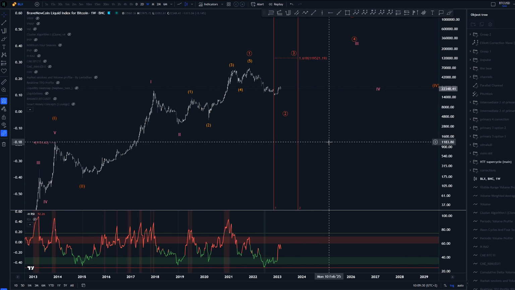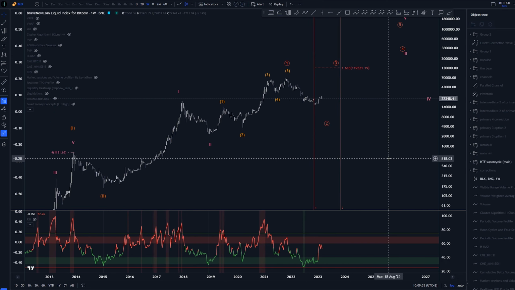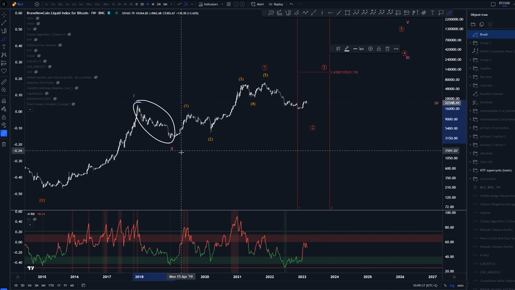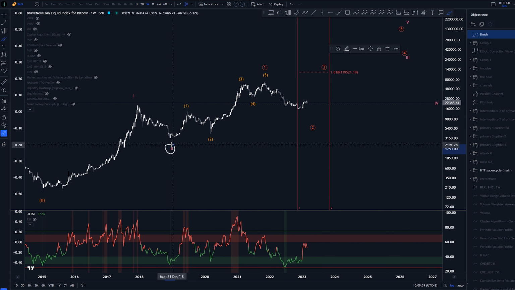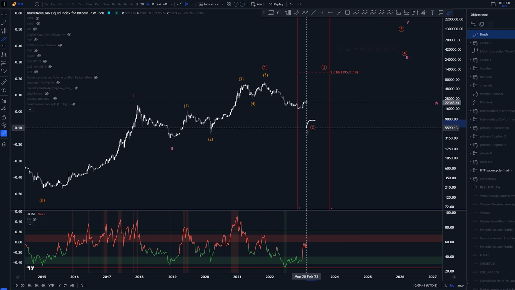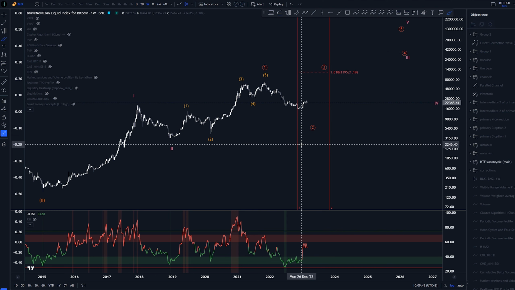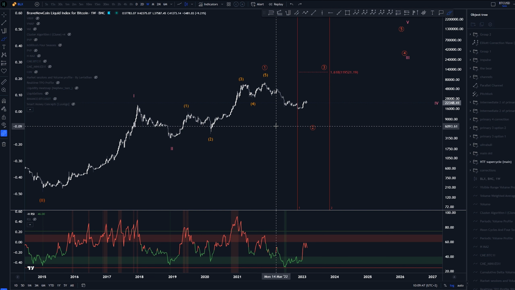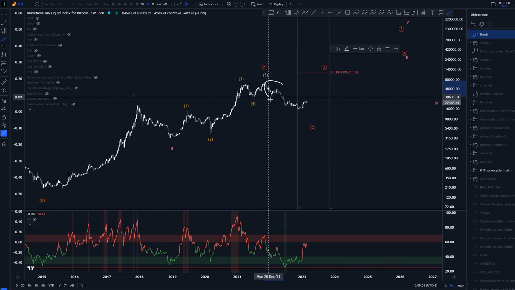Now, these vertical lines here are the reason how I'm comparing this move, the previous large degree wave cycle 2, compared to this wave 2 here. And as we see, this structure is starting to become large. We have already gone beyond the 1-to-1 extension in time.